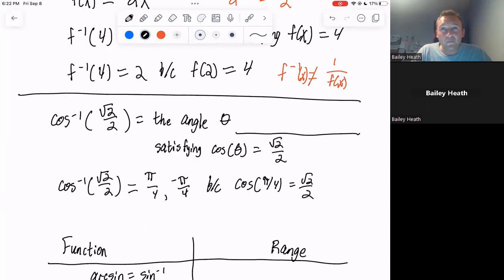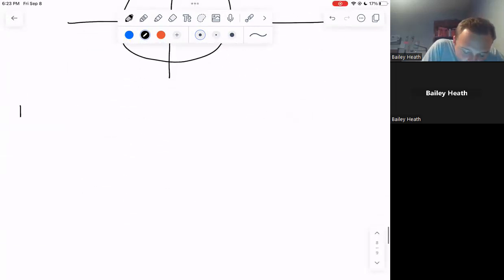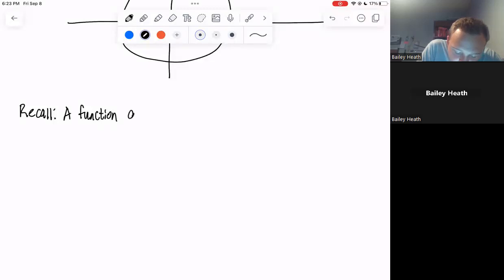But this is a key point to remember. We're going to come back to this in just a minute, but for now, let me jot down here. Recall that a function must assign to each input exactly one output.